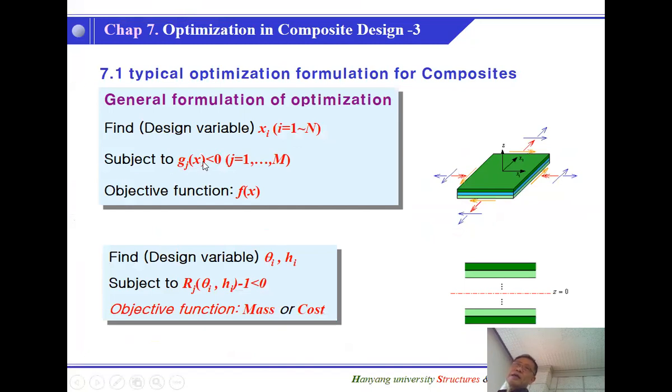Let's say we don't want any failure of any ply, so the strength ratio of each ply should be less than 1. That can be a constraint. And if you would like to have some constraint on the mass or cost, that can be a condition.